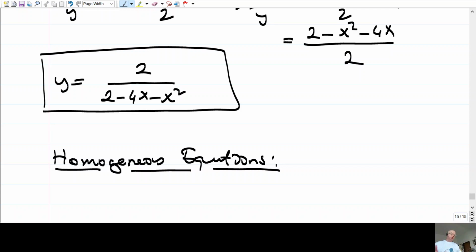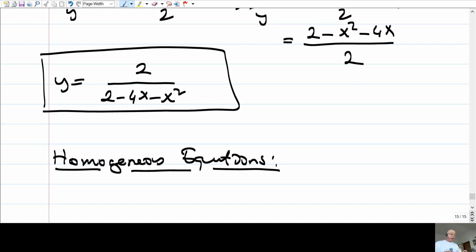If you put linear equations on one side, there's a huge variety of nonlinear first order equations, and it turns out that you need to build a method for each type of those equations. For example, here we have seen separable equations, and we could solve separable equations.